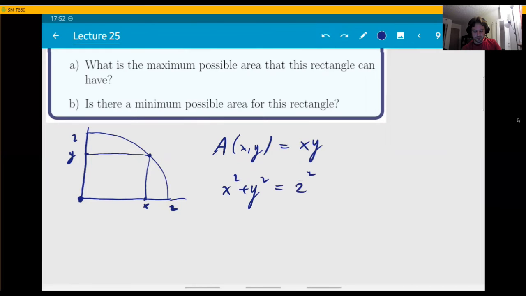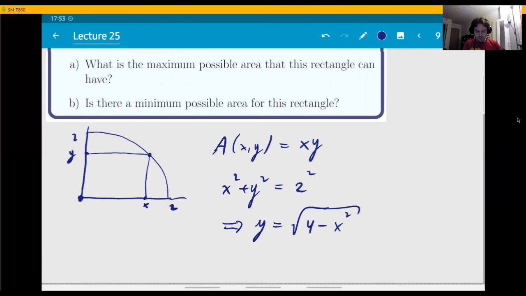So if you solve, for example, for y here, y is going to be the square root of 4 minus x squared. I'm taking only the positive root because y is positive in this problem, as you can see from the picture.